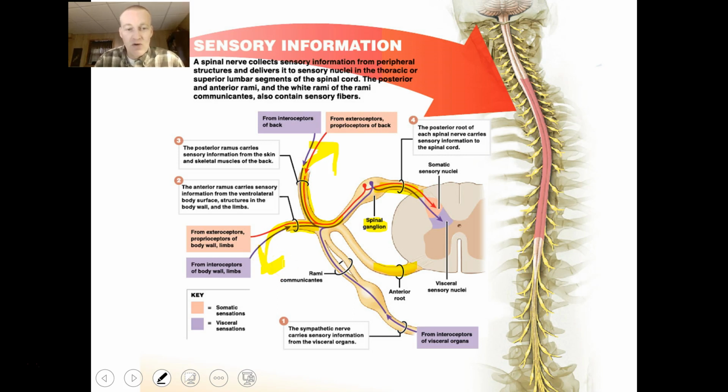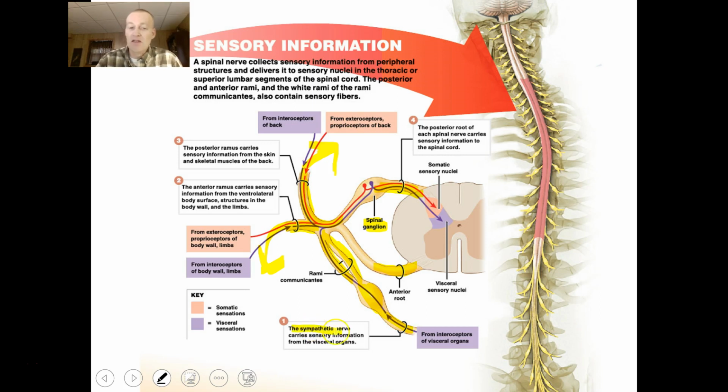In this particular graphic, it's carrying sensory information, and so information can go in both directions through these particular nerves as they branch off. And you can see the white and gray rami, these are going to carry information to your organs, in regards to the sympathetic nervous system having activity in those organs.